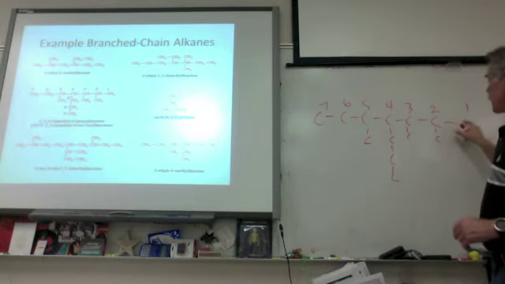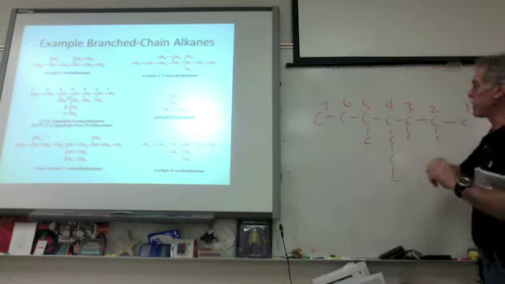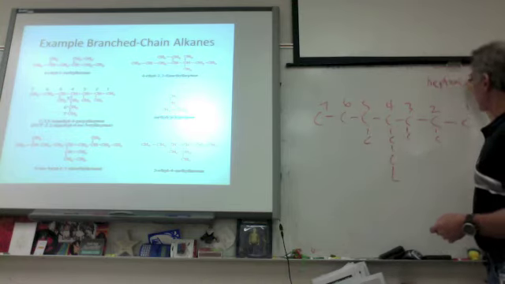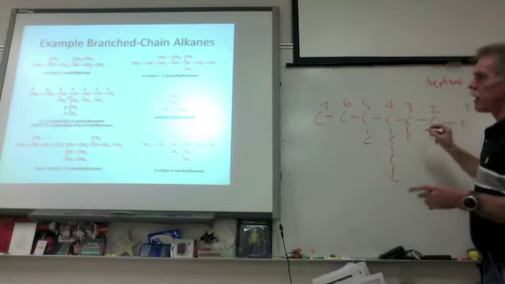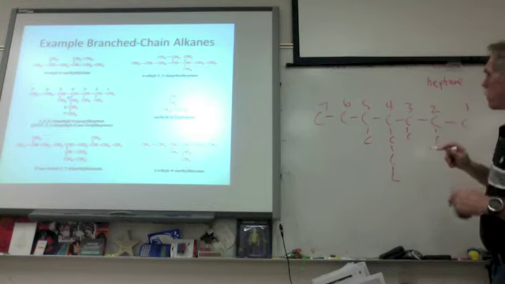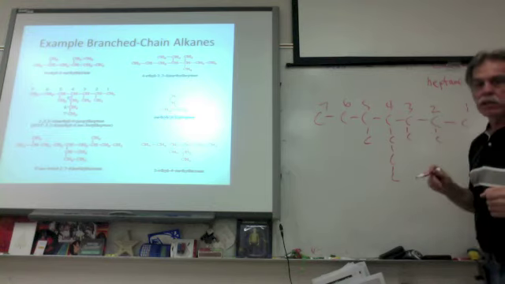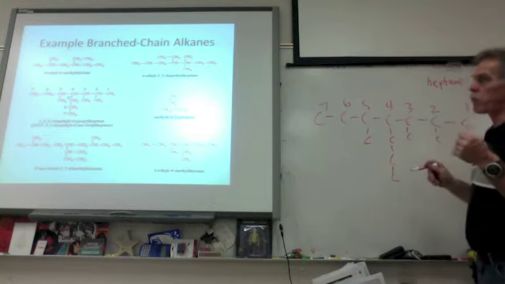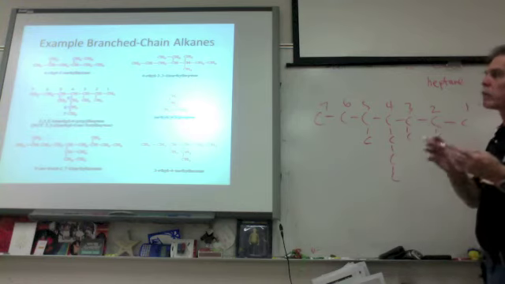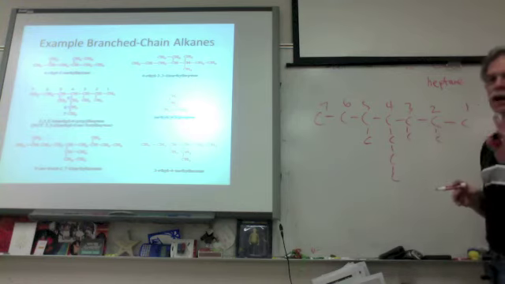Our parent chain is 1, 2, 3, 4, 5, 6, 7. So we know this is heptane, and we'll write the parent. And then we'll need to write methyl and propyl. So we'll put methyl first because M comes before P. Even though there's 3 of them and we use trimethyl, you don't count the tri or di.